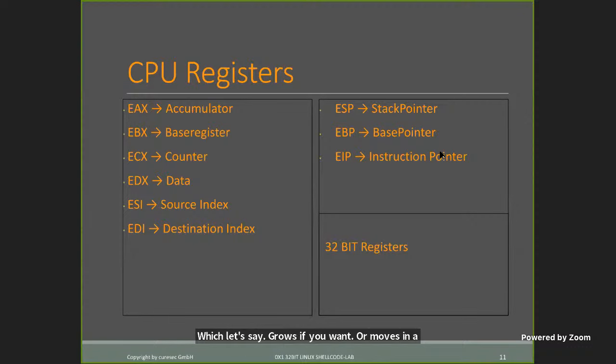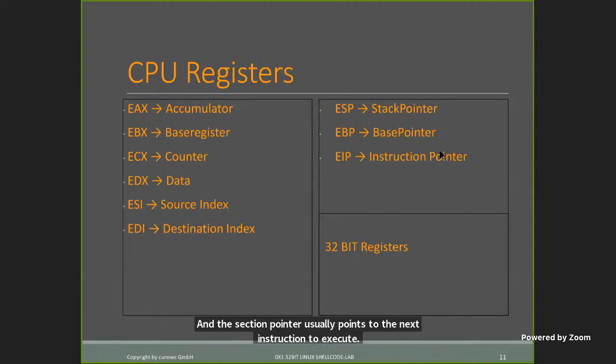Then we have EBP, the frame pointer, which also holds the address of our previous function. And then there is EIP, the instruction pointer, which usually points to the next instruction to execute.